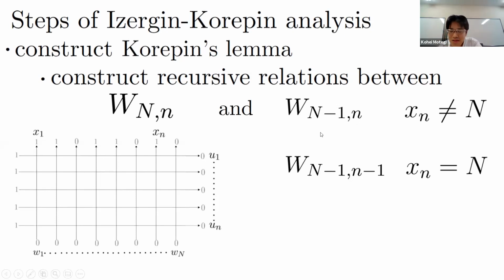If x n is equal to large N, which means that the rightmost one is on this rightmost column, I will construct a relation between this partition function and a partition function which has small n minus 1 rows.